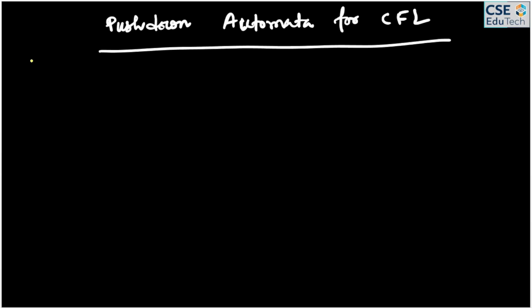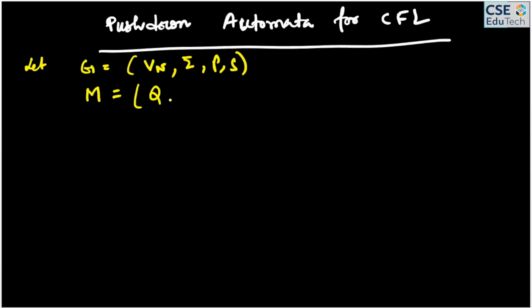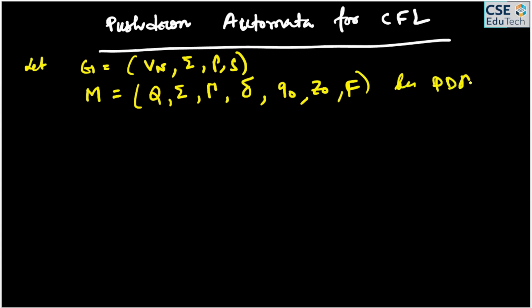Suppose let G be a grammar having the tuple Vn, sigma, P and S, and also we assume that M is a pushdown automata, where it is Q, sigma, gamma, delta, Q0, G0, and F, a PDA or pushdown automata, right?